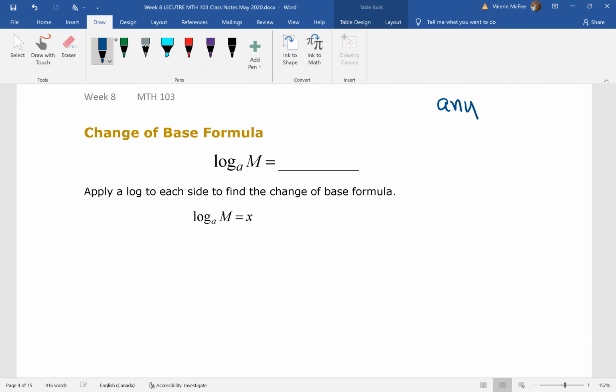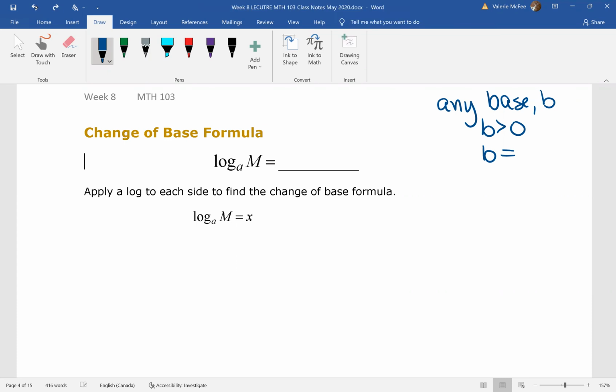So let's say we're going to have any base, and we're just going to call it b for now. And remember that our base has to be greater than 0 and not equal to 1. So we can write this then as log base b of m all over log base b of a.